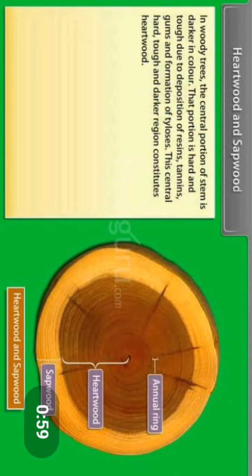These substances make it hard, durable, and resistant to the attacks of microorganisms and insects. This region comprises dead elements and highly lignified walls and is called heartwood.